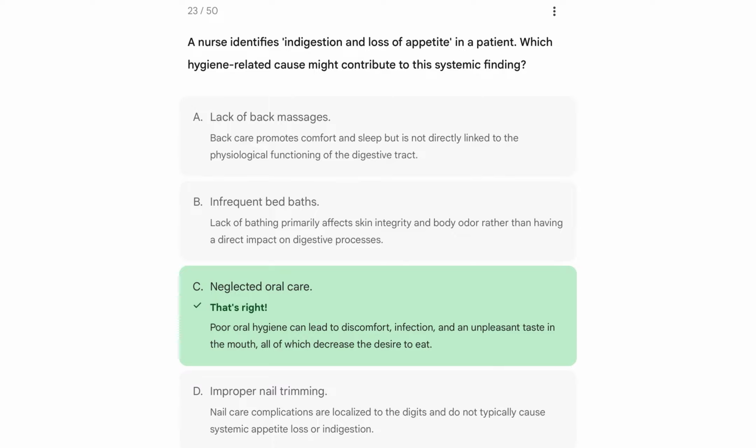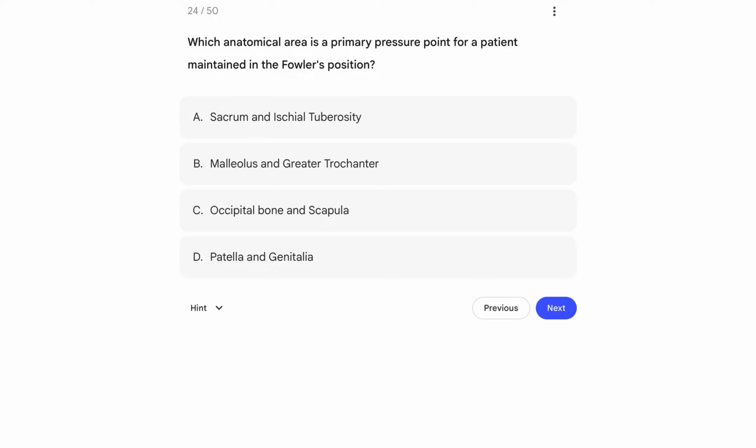So, improper nail trimming has no direct connection to indigestion and loss of appetite. Clear? Due to poor oral hygiene, there is a discomfort feeling, and the improper eating practice makes the person get indigestion. If you are not chewing properly, 100% you will get indigestion. Clear? Okay. Yes.